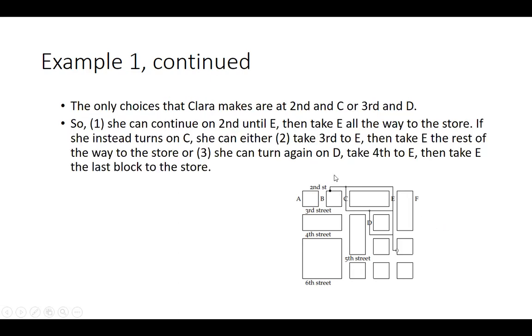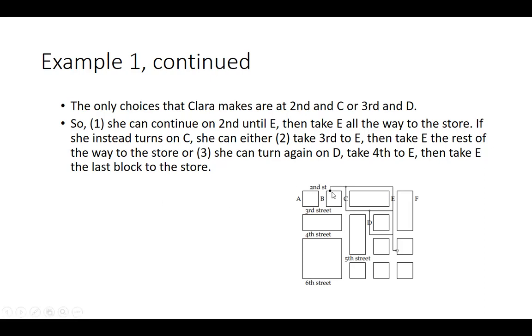So the only choices that Clara makes are at 2nd and C and at 3rd and D. The reason those are the only choices is because any other path in any other spot would not take a direct route.